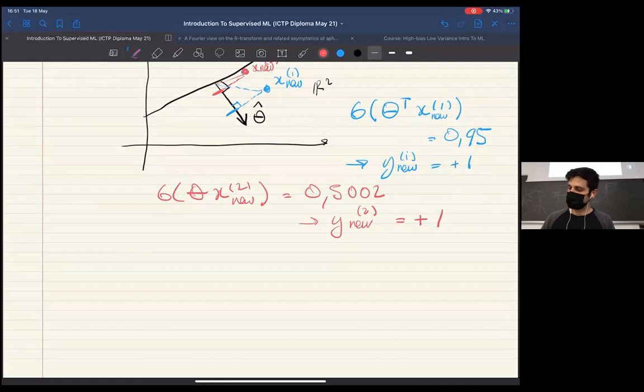Sorry, what I mean is, for example, if the probability, let's say, sorry, again, don't forget that this is the probability of this label being equal to 1, given your theta and your x.